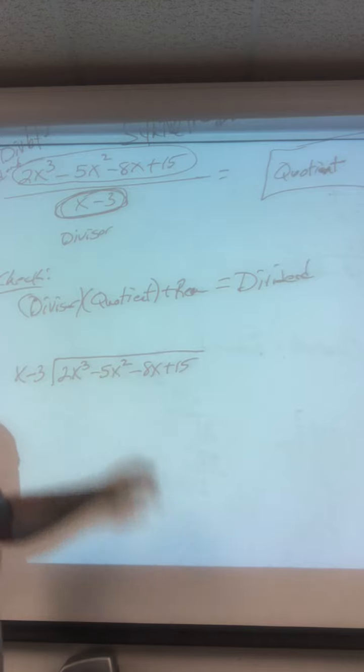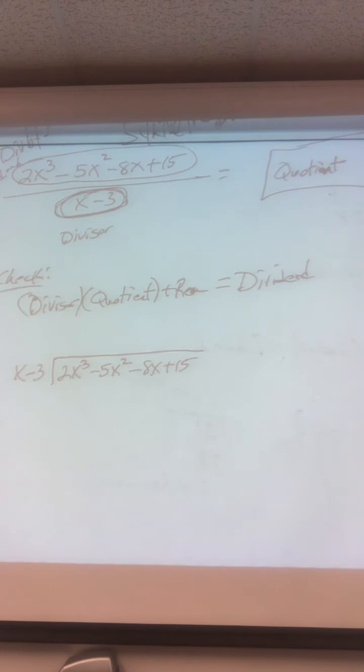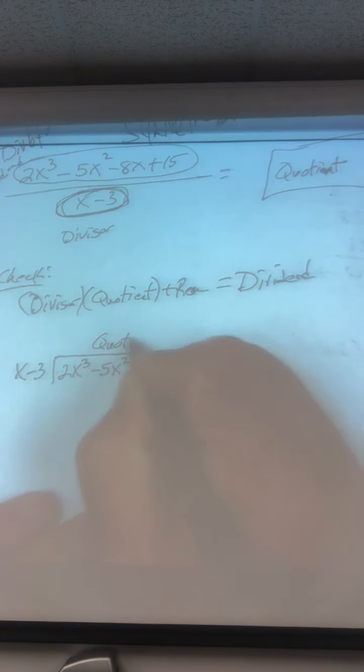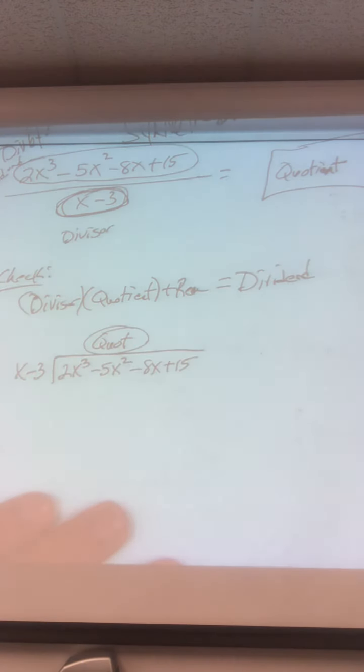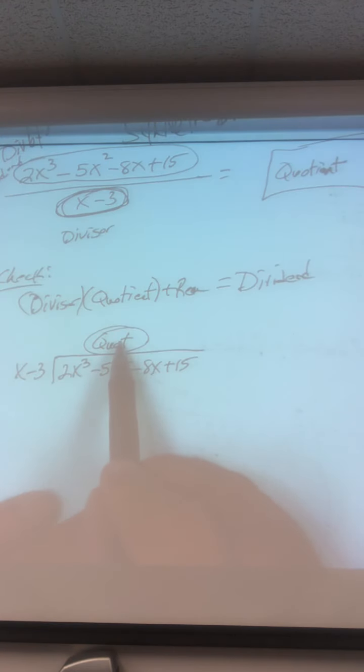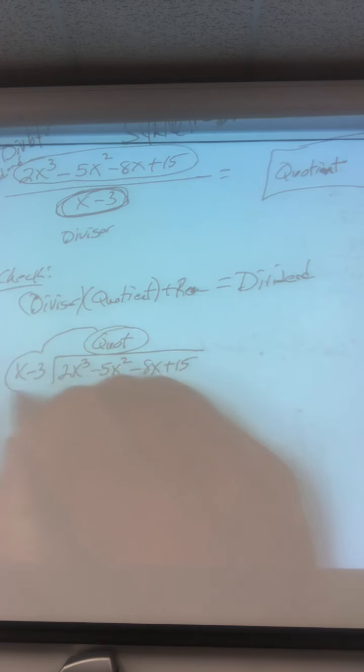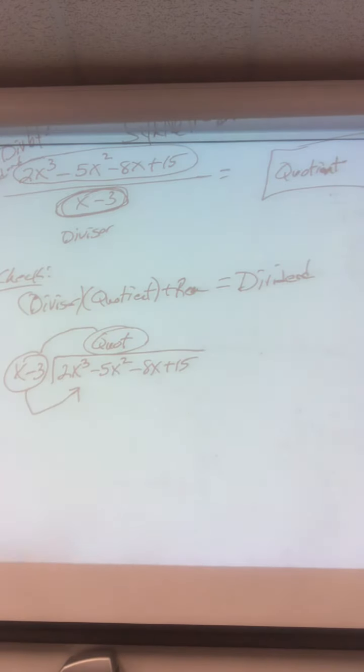Your dividend goes up here. And so your answer is going to be your quotient. This is what we're looking for right there. That quotient. Now, in a minute, when we get this answer, I'm going to take this quotient and multiply it times that divisor to show you that you get that dividend. I'll show you that when we go to work it.